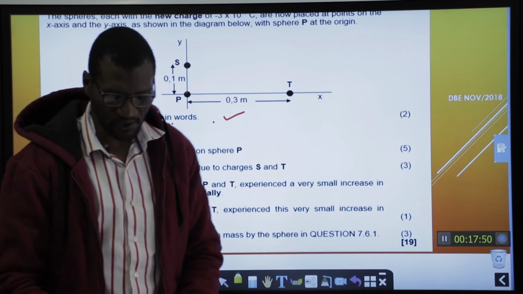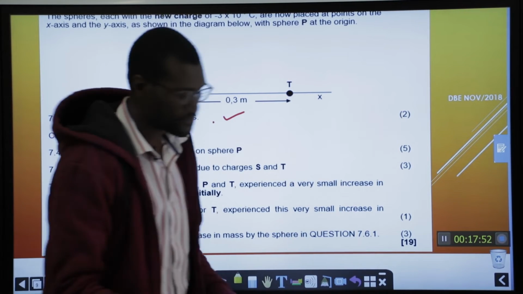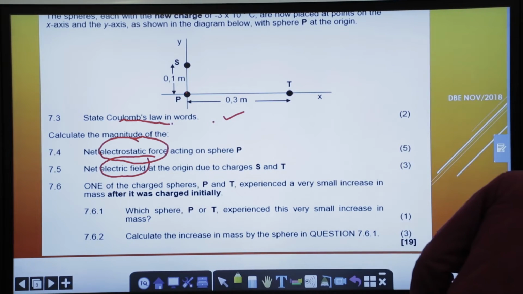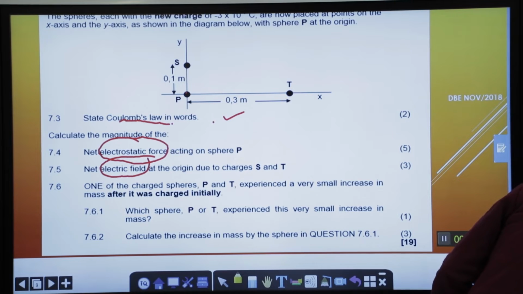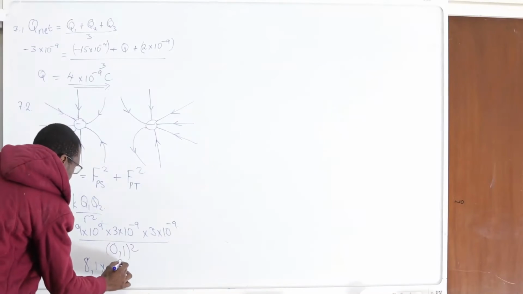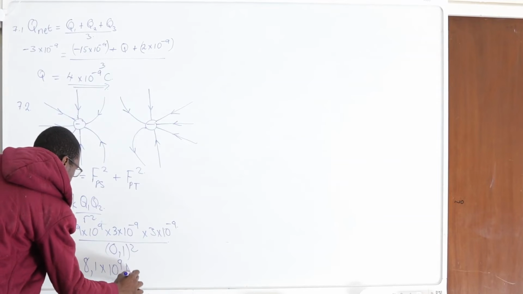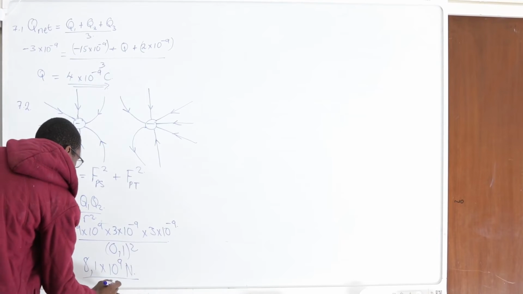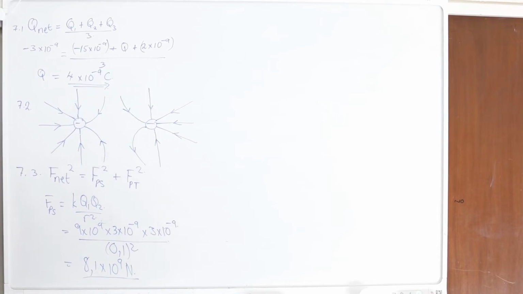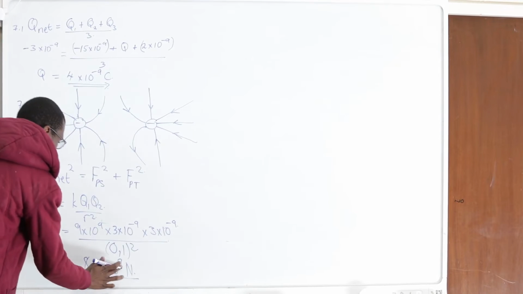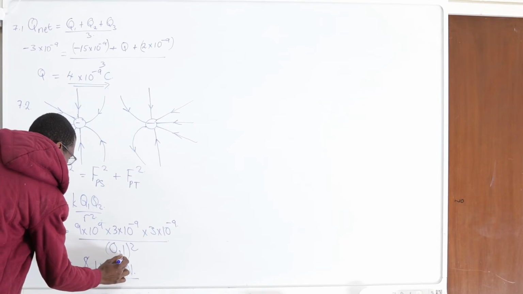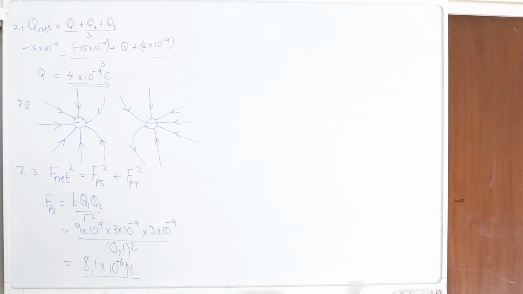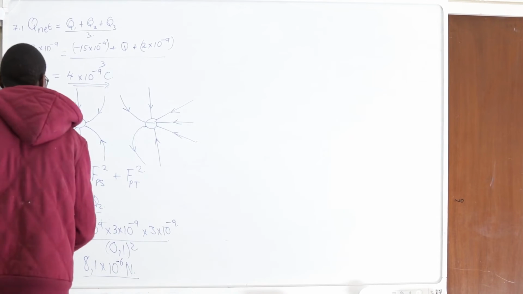We have done so much practice on this, so it should be easy. The value is 8.1 times 10 to the power of negative 6 newtons. That is the answer that we get. Alright, so that's PS.